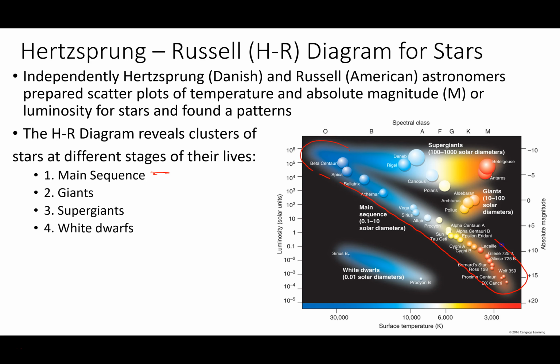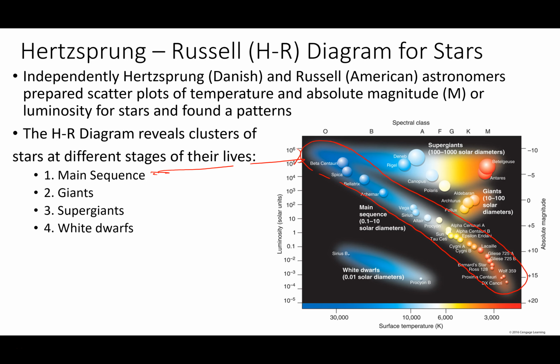They form a diagonal from upper left to lower right. That main sequence is a stage of a star's life, the first stage. After main sequence, it depends on how massive a star is.